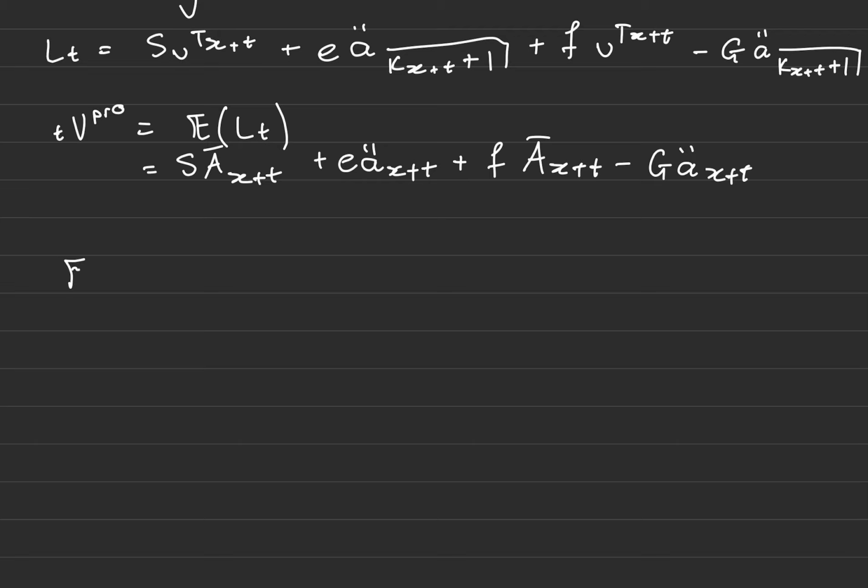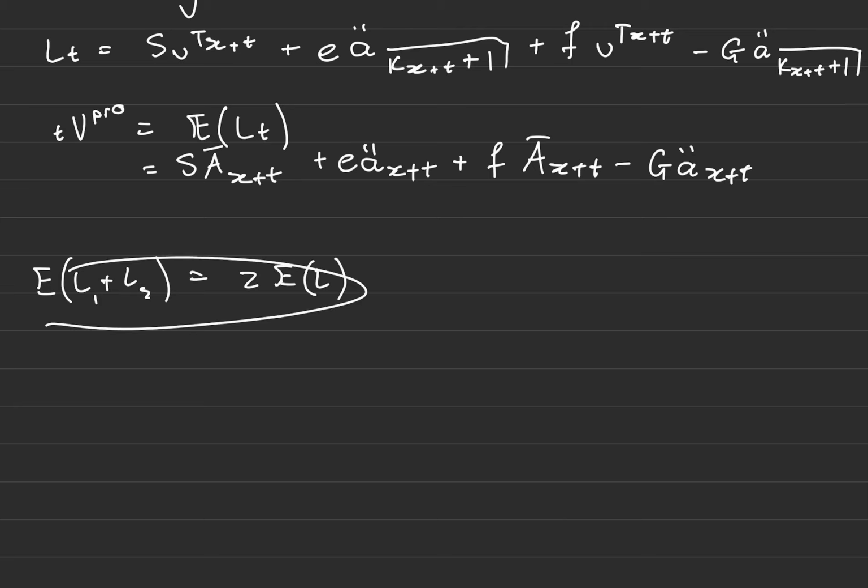So we know that the expected loss of both of them, I'm just going to call them L1 and L2 for each of these policies, will just be equal to 2 times the expected loss of one of the policies. Okay, that makes sense because my expectation acts linearly.